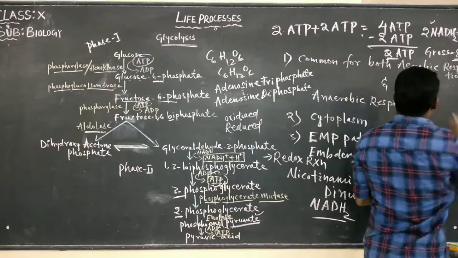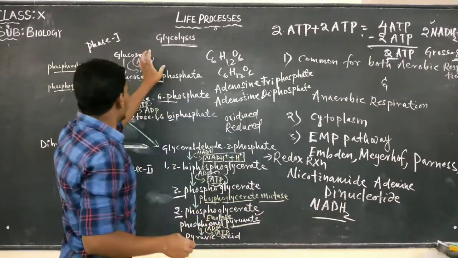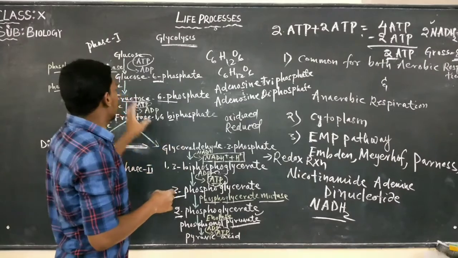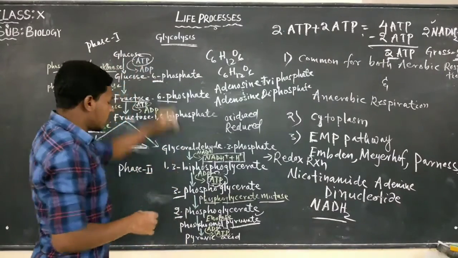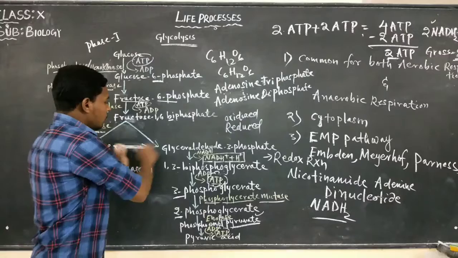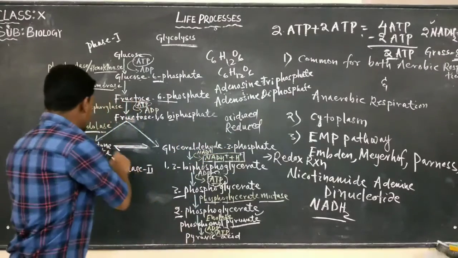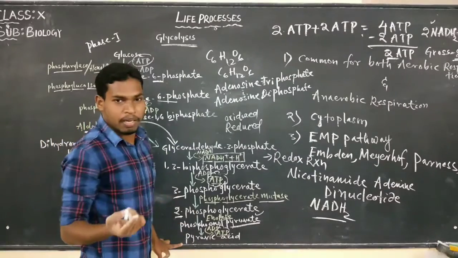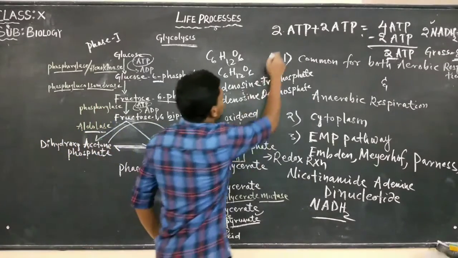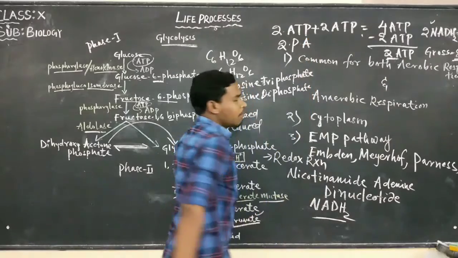6 plus 2 is 8, and we know that in this glycolysis process glucose gets converted into pyruvic acid, first one pyruvic acid, and finally this gets converted into another pyruvic acid. So how many pyruvic acids in this reaction? There will be 2 pyruvic acids.